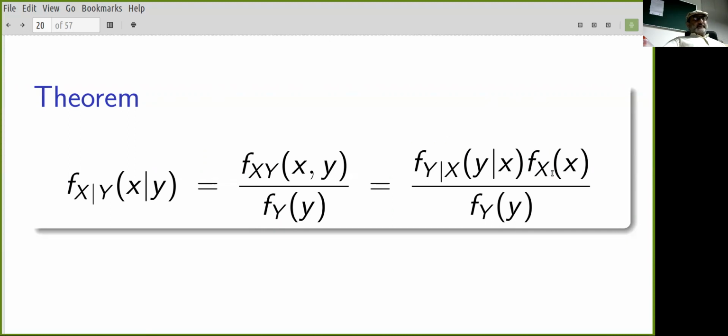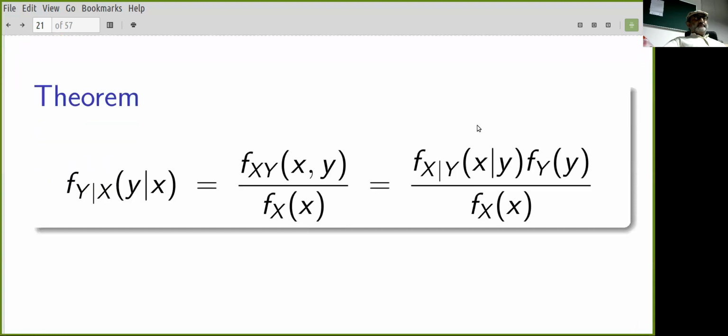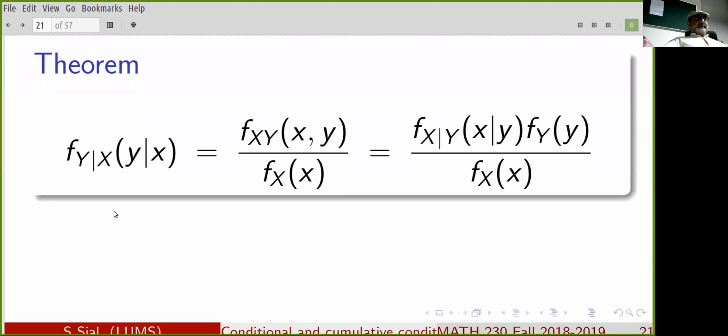Sometimes the conditional for x given y might be more difficult to find than the conditional for y given x. In such a case, you might want to use Bayes' rule this way to evaluate it. Similarly, by symmetry, the conditional for y given x is equal to the conditional for x given y times the marginal for y divided by the marginal for x.